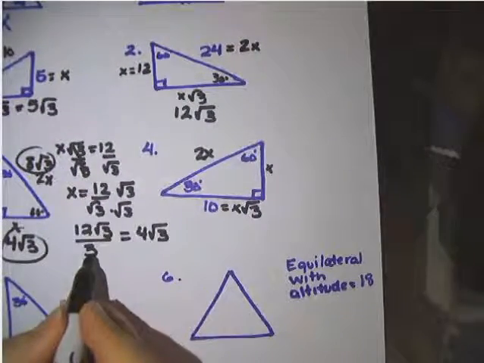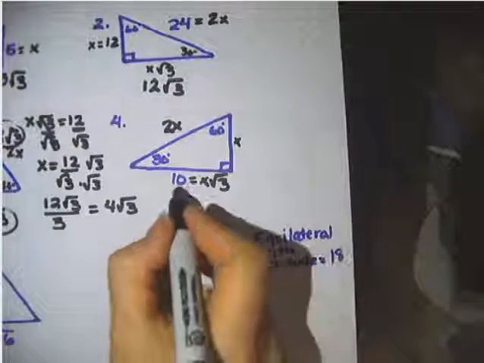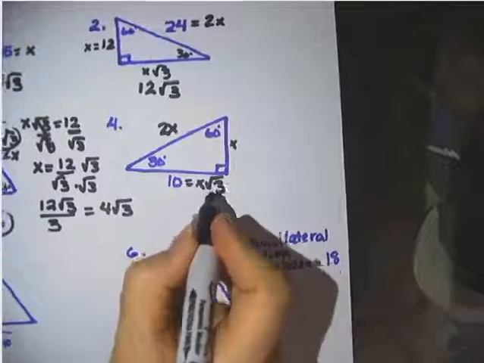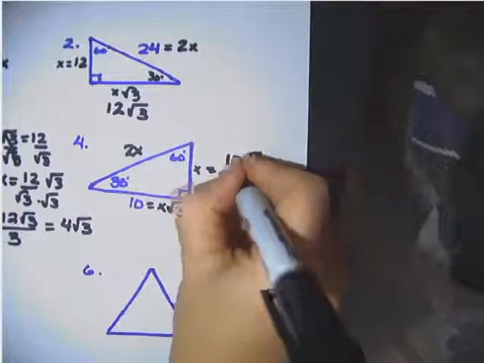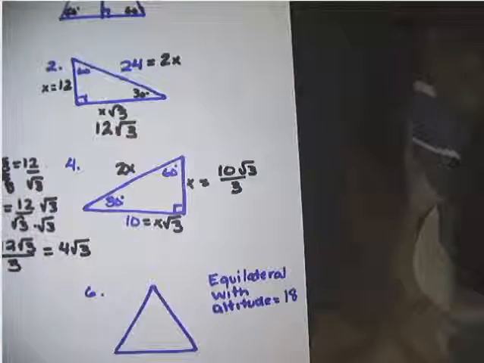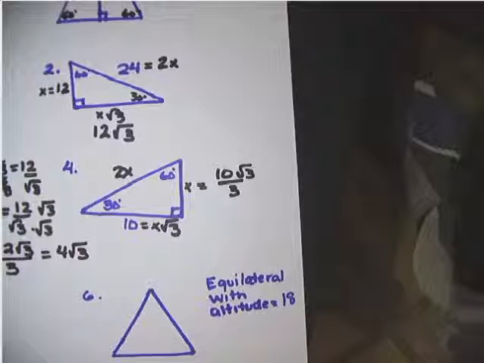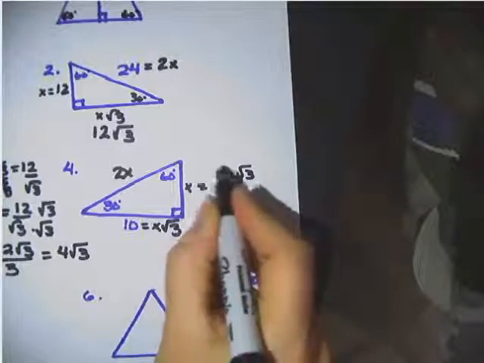So the shortcut: if I divide 10 by 3 and multiply by root 3, I know this is going to be 10 root 3 over 3. So if you see that shortcut, go ahead and use it on the isosceles right triangle. If you divide by root 2, you're dividing by 2 and multiplying by root 2 once you rationalize. So if we double that, we only double that top number. So for 2x, we get 20 root 3 over 3.